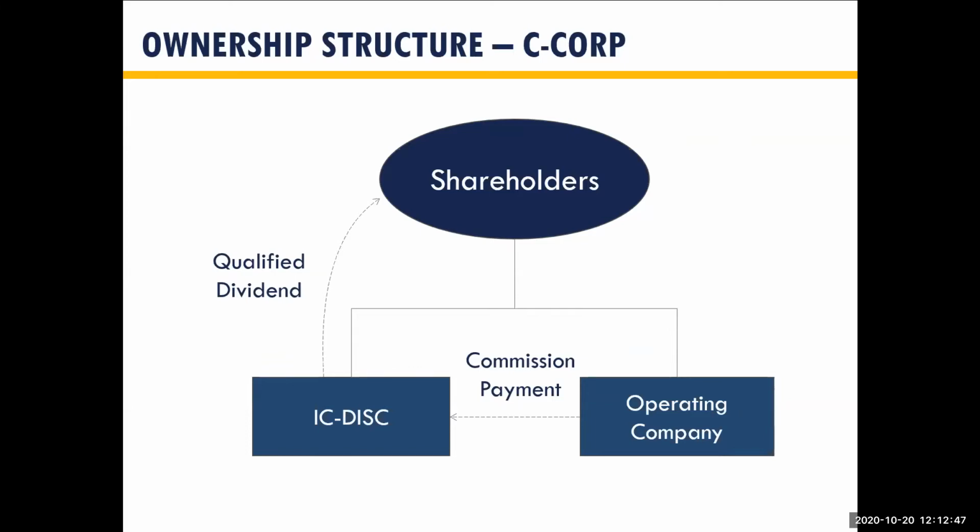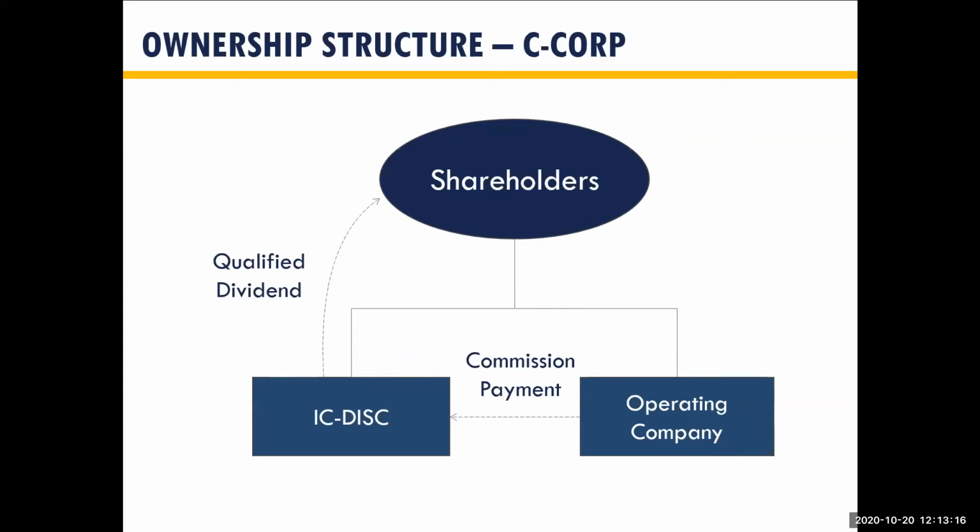So our operating company, again, pays the commission out to the IC-DISC and takes a deductible expense for that. And then the IC-DISC turns around and pays the dividend to its shareholders, and they have qualified dividend income. What happens here is we've now stripped the earnings. The commission payment has been stripped outside of the operating company, deducted at the operating company level.